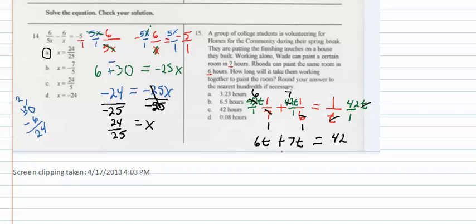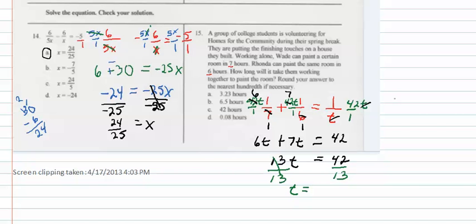Now I'm going to add the t's together, so I get 13t is equal to 42. Next step, I'm going to divide by 13 on both sides. So now we're going to figure out what our t is.